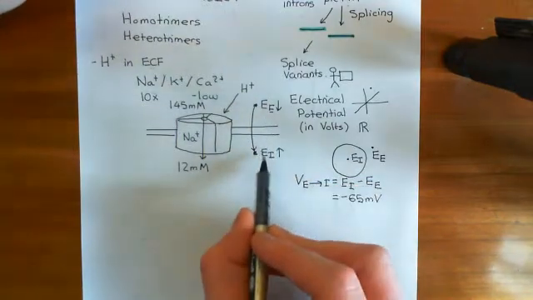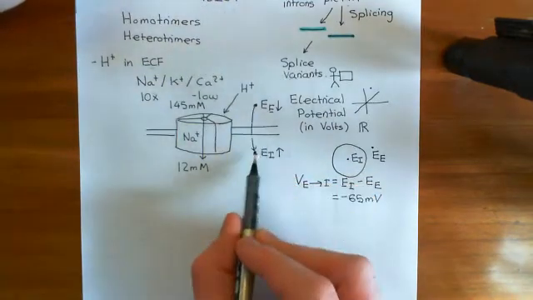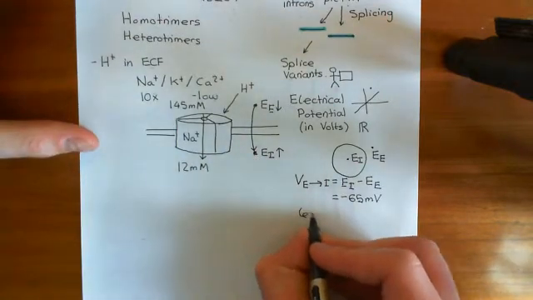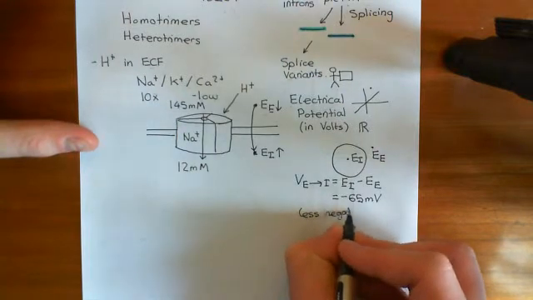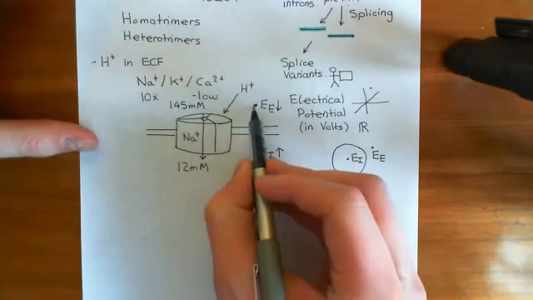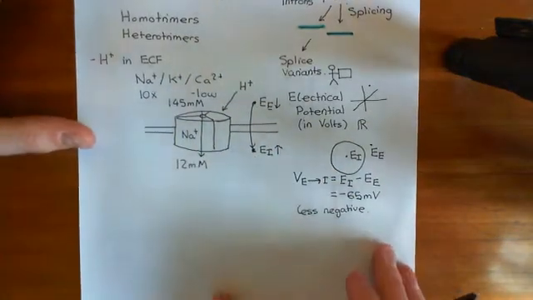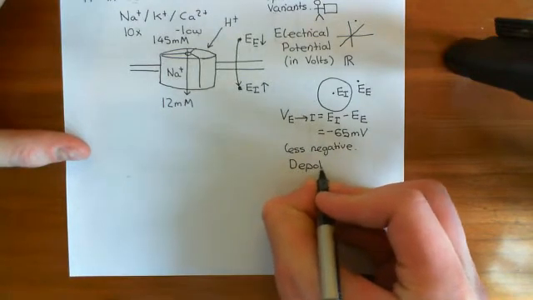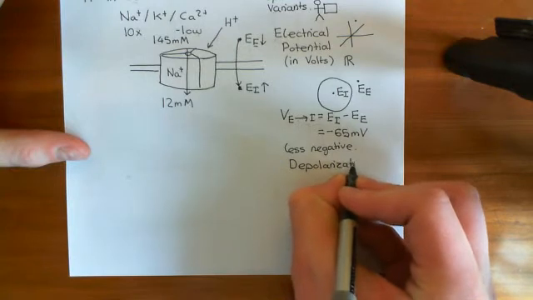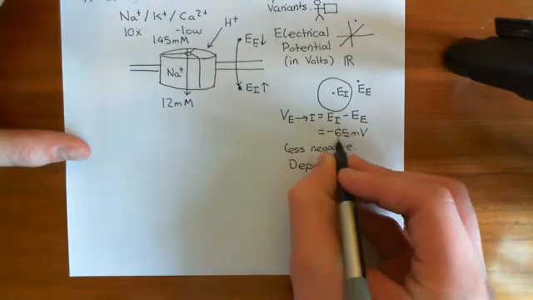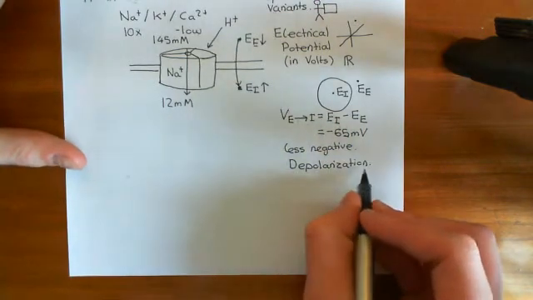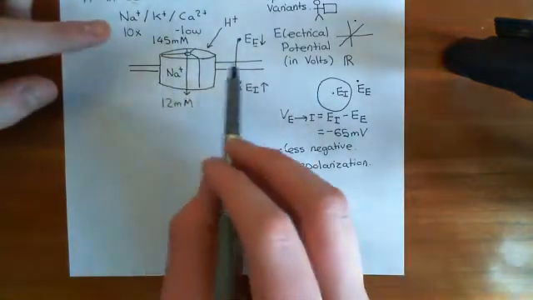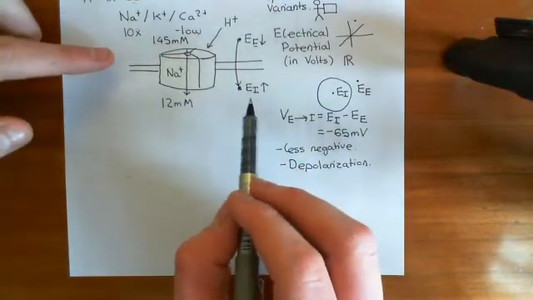The step down you undergo when you go from extracellular to intracellular is going to get less, so this number becomes less negative. There is a fancy name for that: depolarisation. When you lower the negativity of the electrical potential difference across the cell membrane, it's called depolarisation. This can then trigger the activation of an action potential.